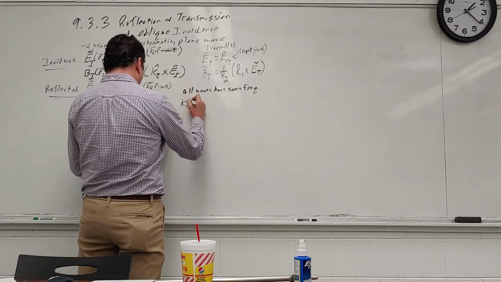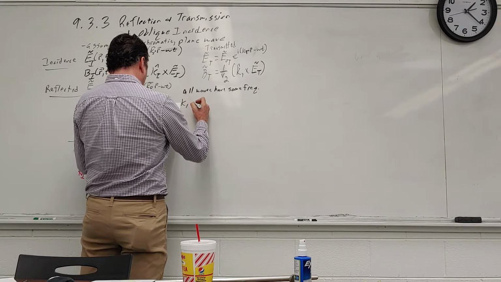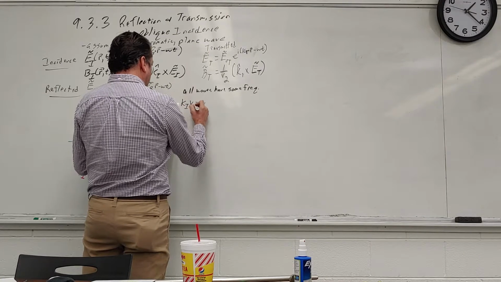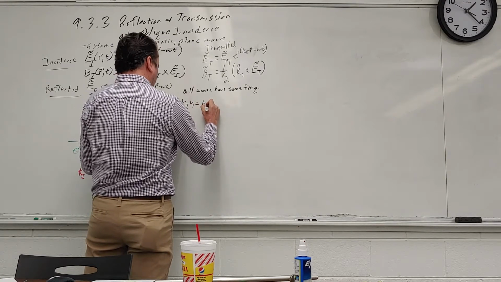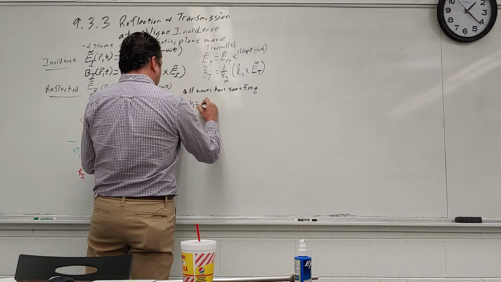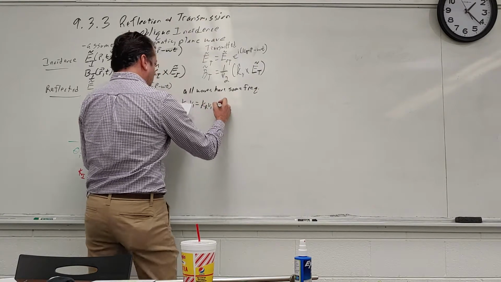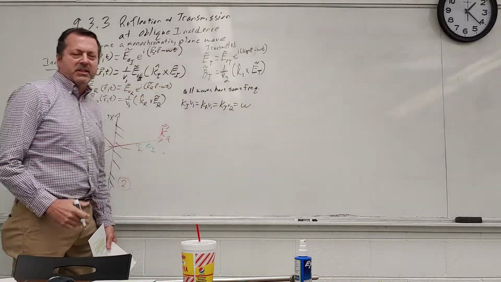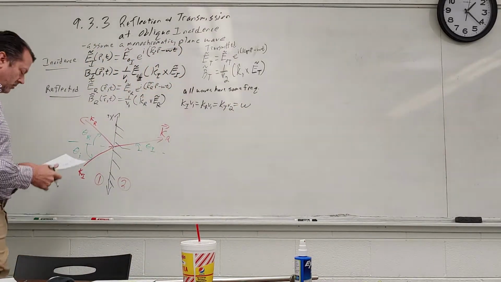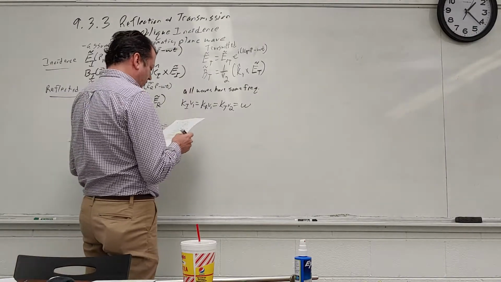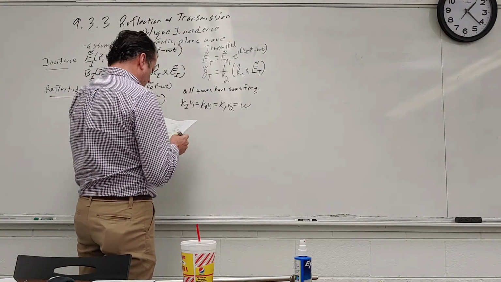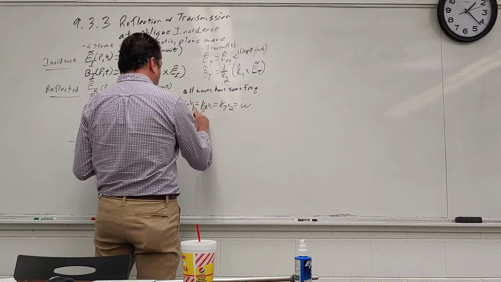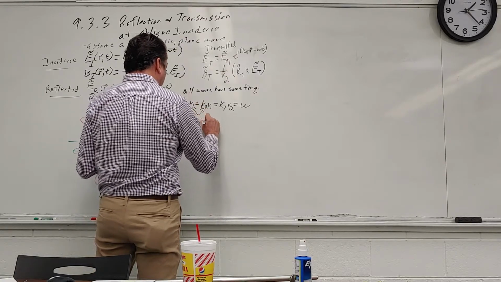That means that these wave numbers, K1 V1, the incident, has to equal K for the reflected times V1, and that equals omega. That's the angular frequency of it. And of course, that means these are the same.